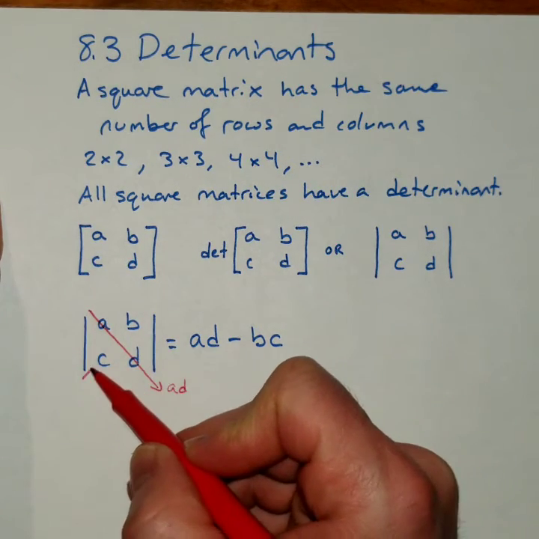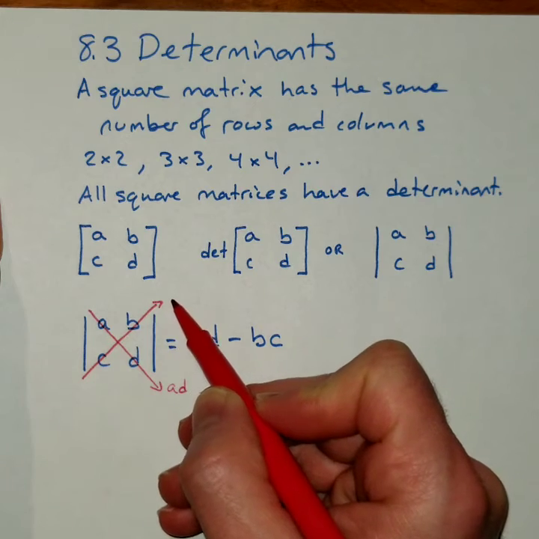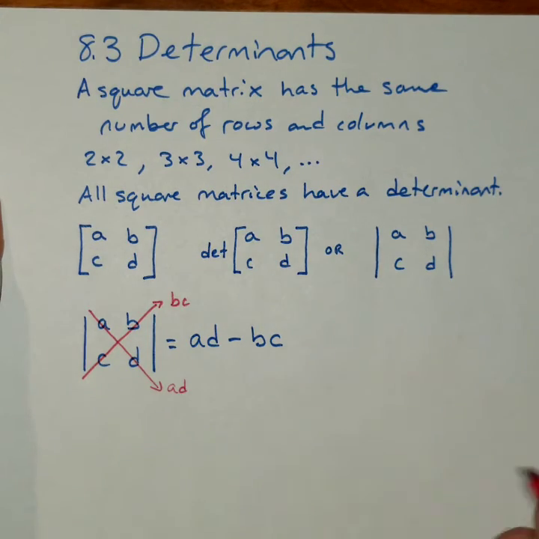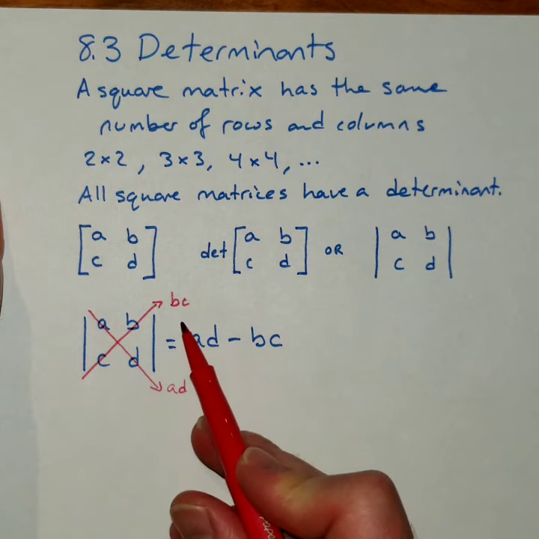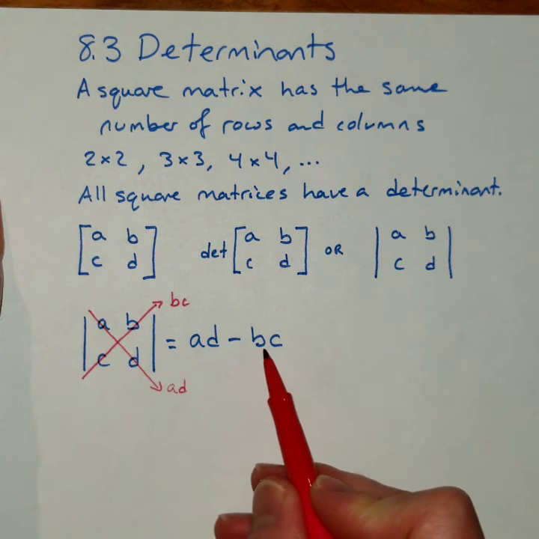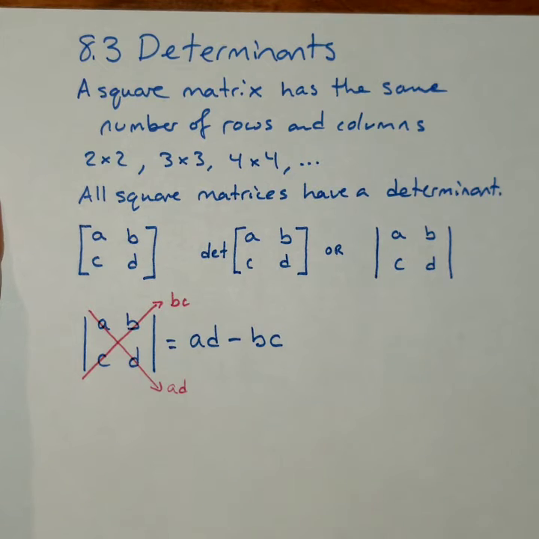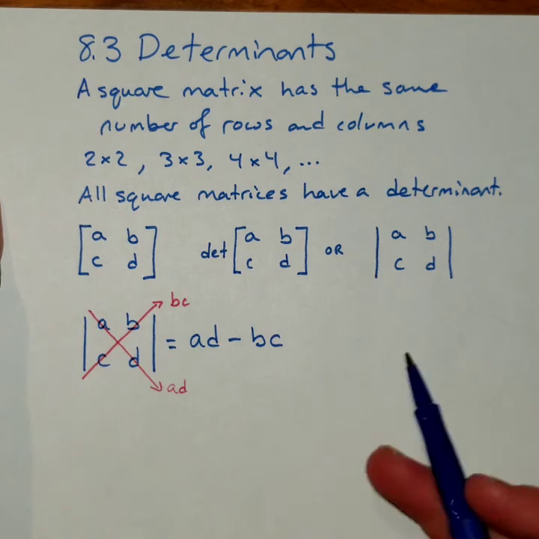Then you multiply the diagonal going up to the right and you get the BC, or CB, whatever order, doesn't matter. And then you take the bottom one minus the top, bottom minus the top. Okay, that's it. That's simple. And for every 2 by 2 matrix, this will give us a number.